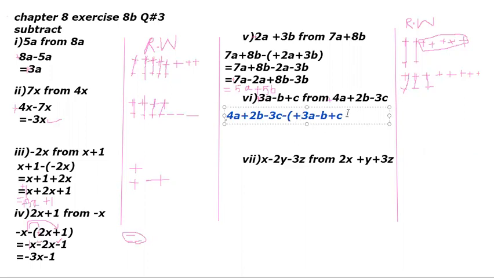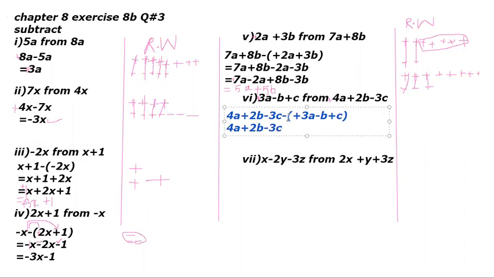Okay, now parenthesis closed. In the next step, we have to remove the brackets, and before removing the brackets we will multiply the signs. 4a plus 2b negative 3c.